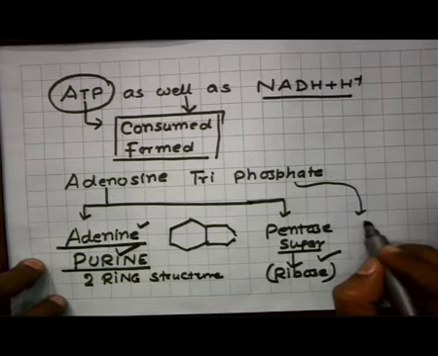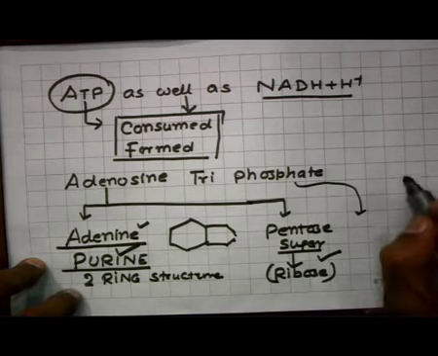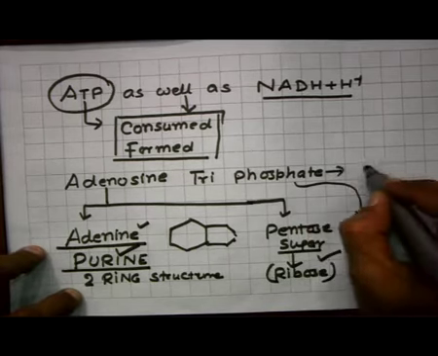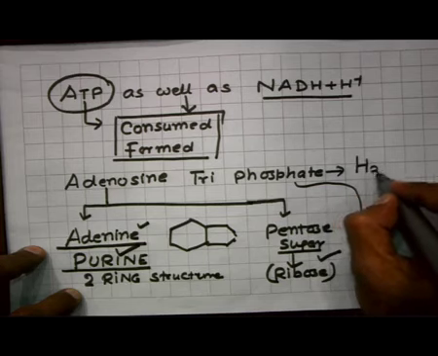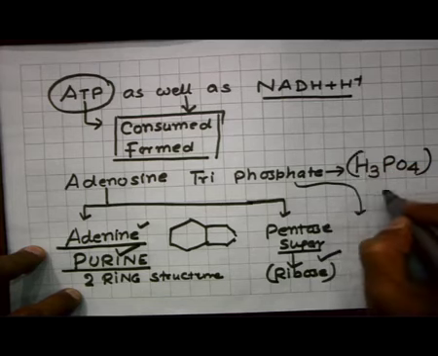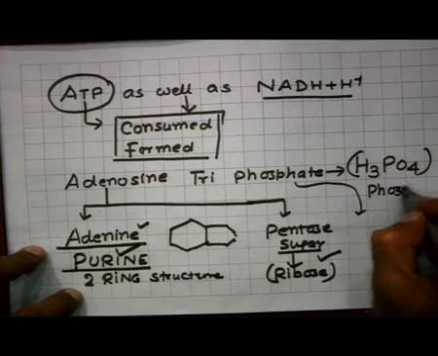Then 3 phosphate molecules combine with this. The phosphate molecules are present in the form of phosphoric acid, H3PO4.